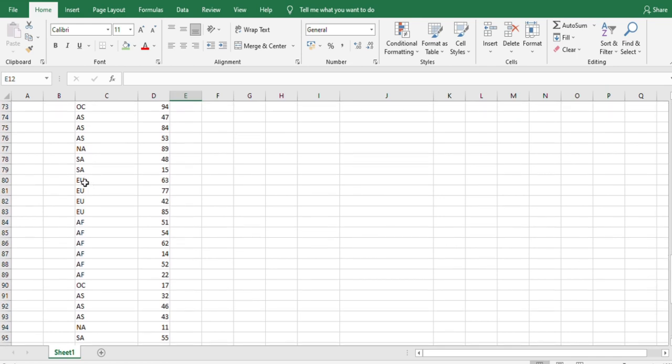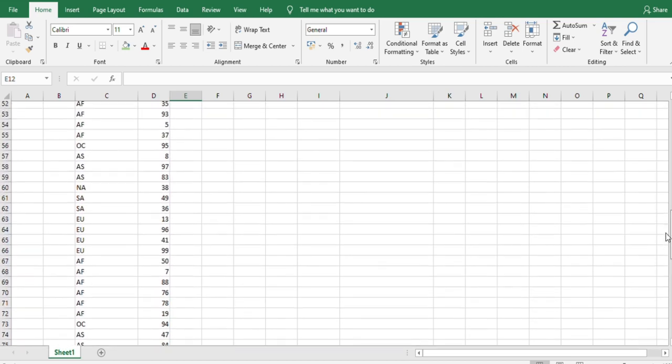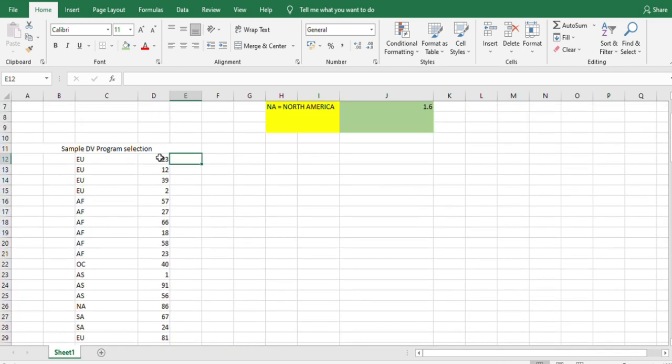We see Europe, Africa, North America, Asia, Oceania, and all the regions. And the computer has issued the number randomly without following any order. As you can see, just random case numbers.